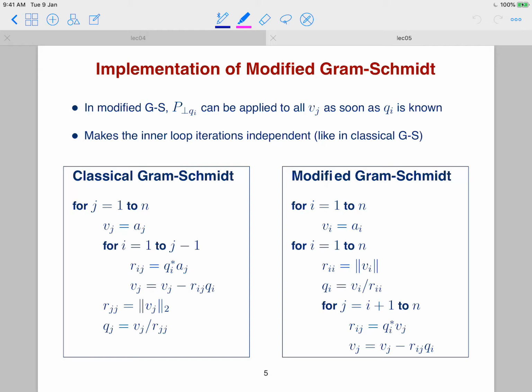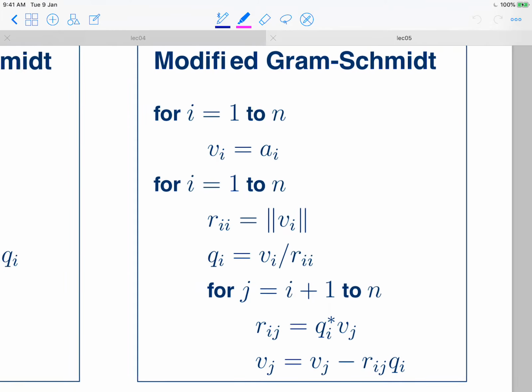But in the case of modified Gram-Schmidt, from the perspective of pseudocode, it actually does some processing row by row in this part. So let's look at the pseudocode of this modified Gram-Schmidt.